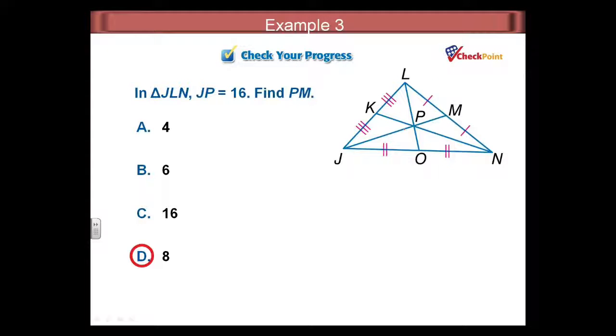Well, JP is 16, and it wants me to find PM. Remember, it's just 16 divided by 2, which means I have 8, because this is 2x and this is x. That concludes this section on medians.